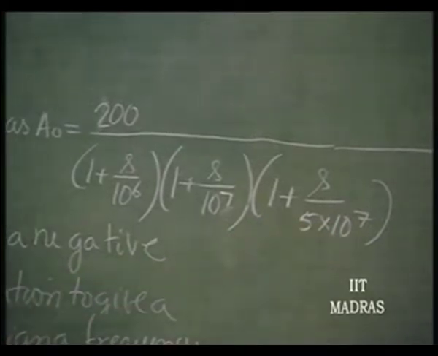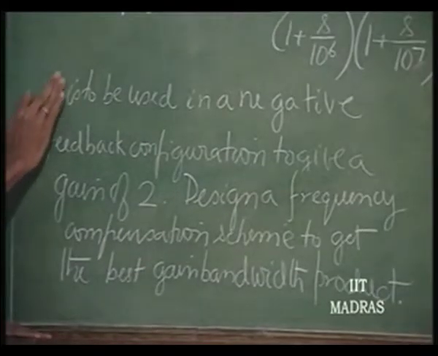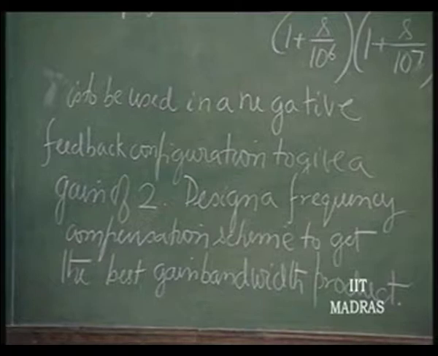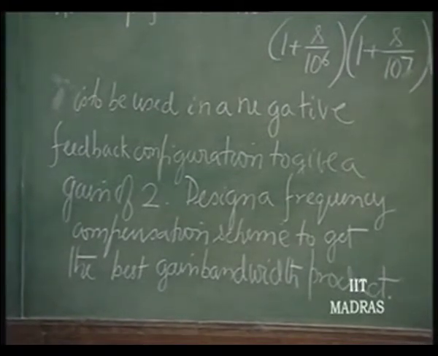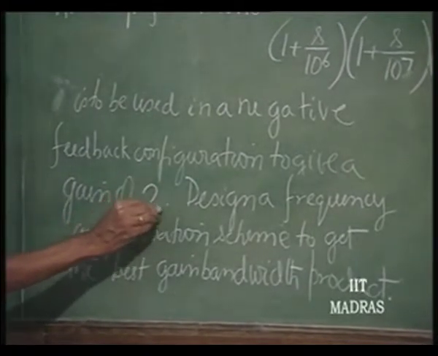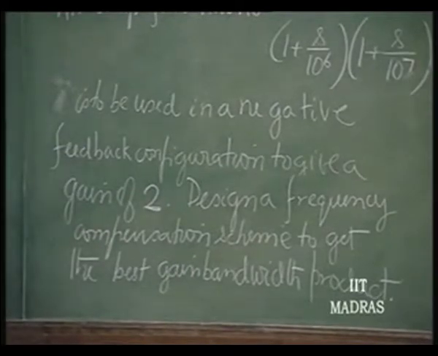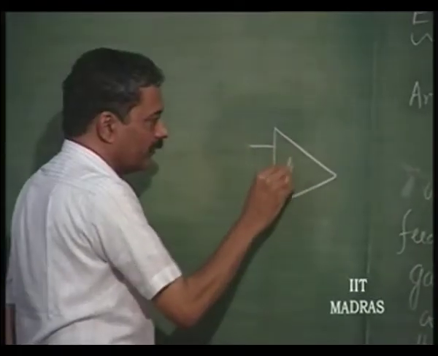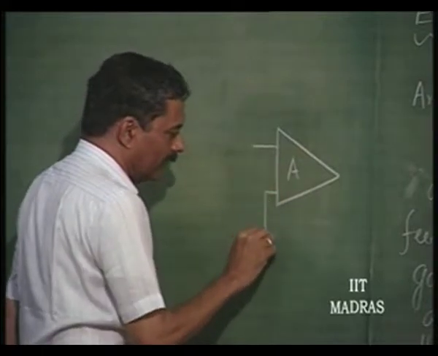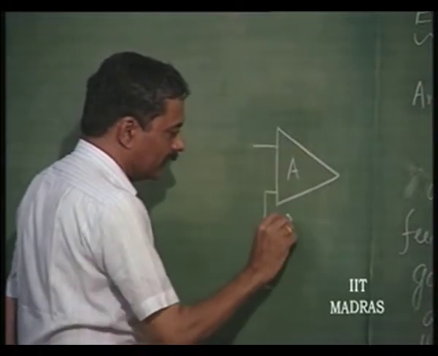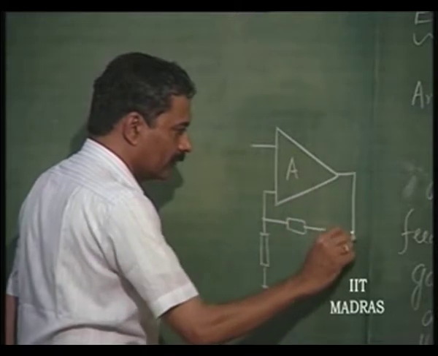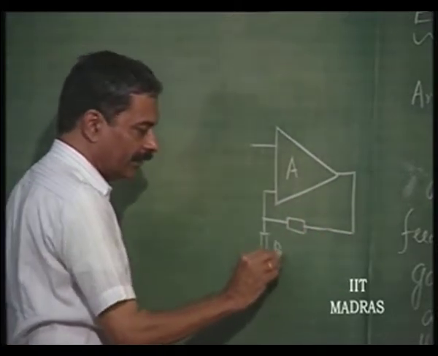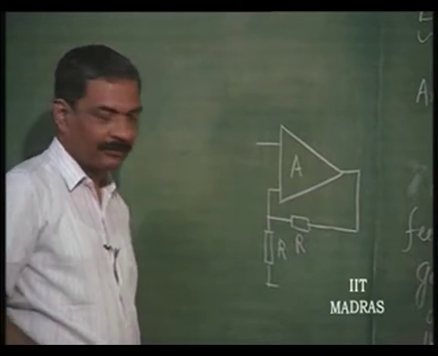It is to be used in a negative feedback configuration to give a gain of 2. That means, this is the differential amplifier with A of this type, and it is to be used with a gain of 2, which can be done by giving a feedback factor beta equal to half.